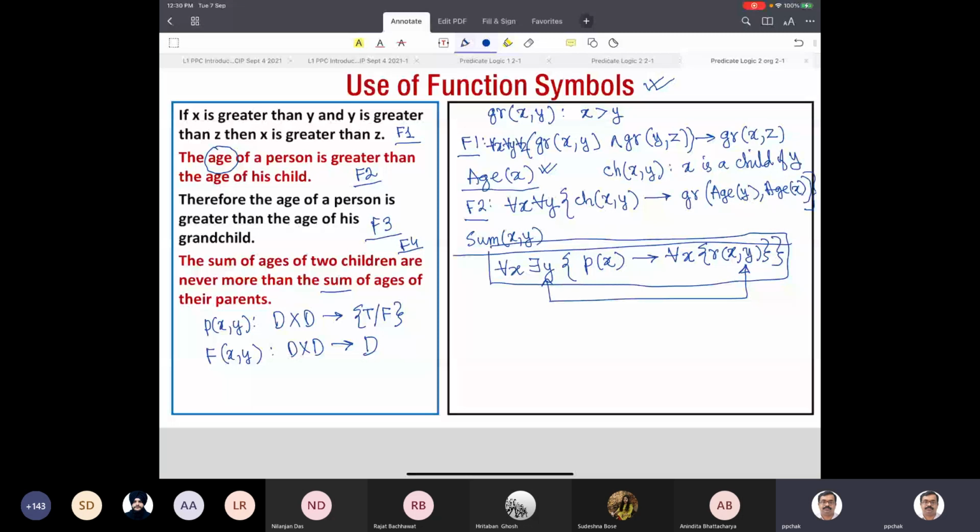Which x corresponds to which x? This x corresponds to this x, the P(x). And this x corresponds to this x.